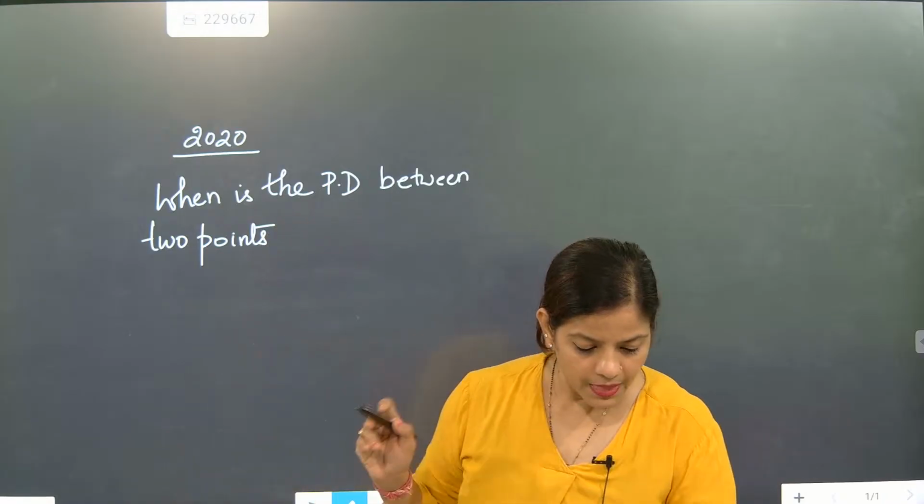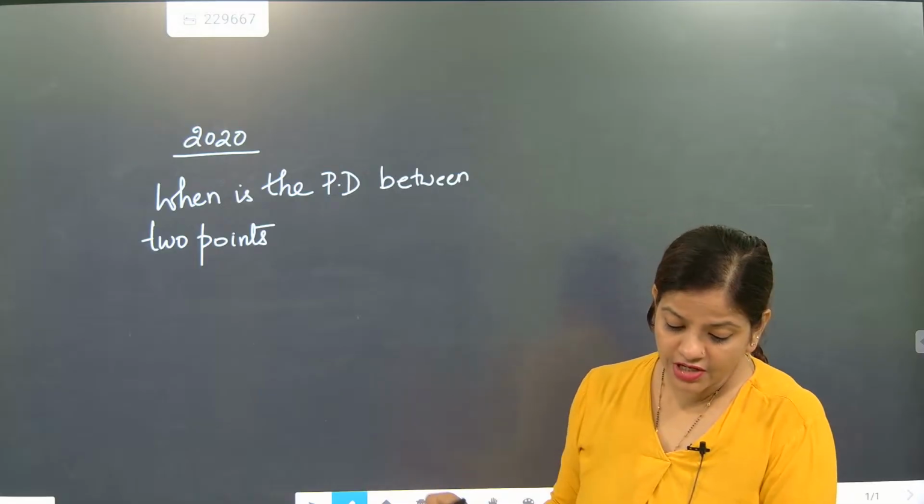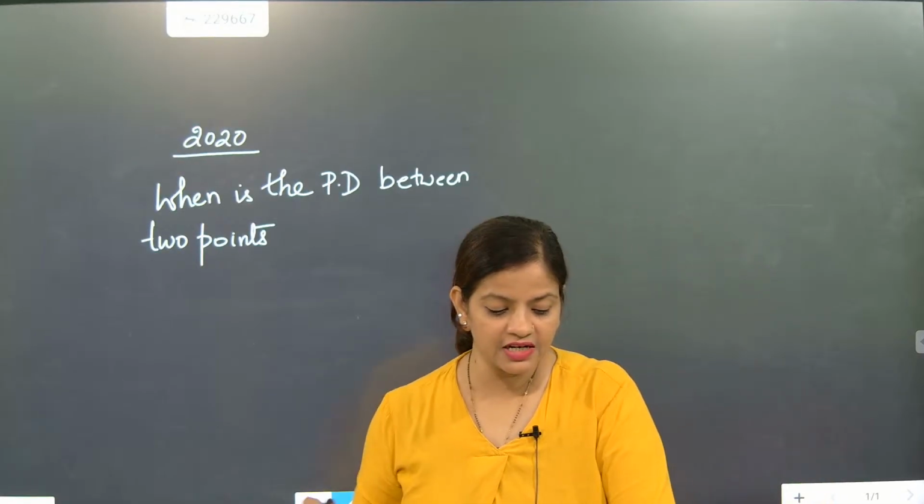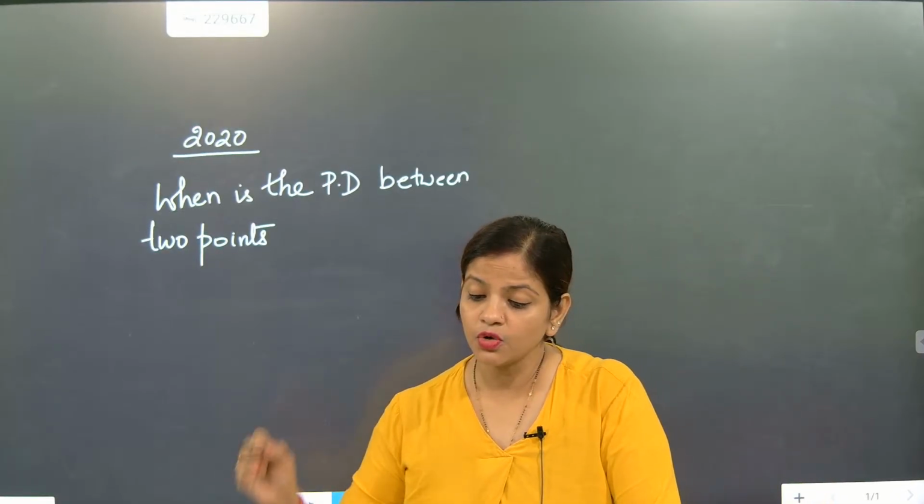So right, when is the potential difference between 2 points in a current carrying conductor said to be 1 volt?